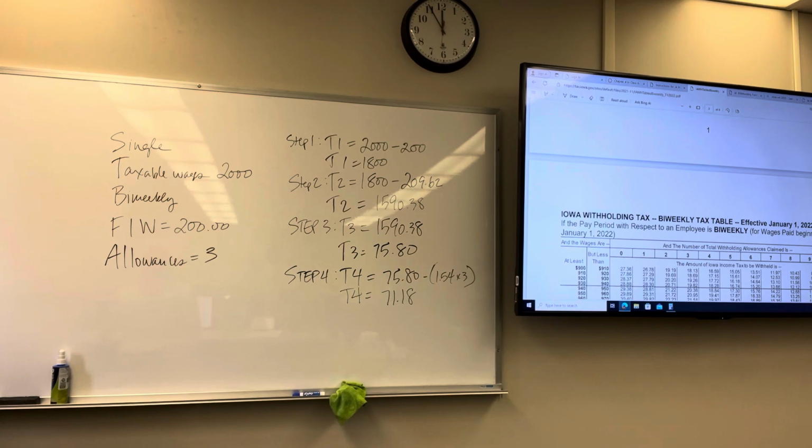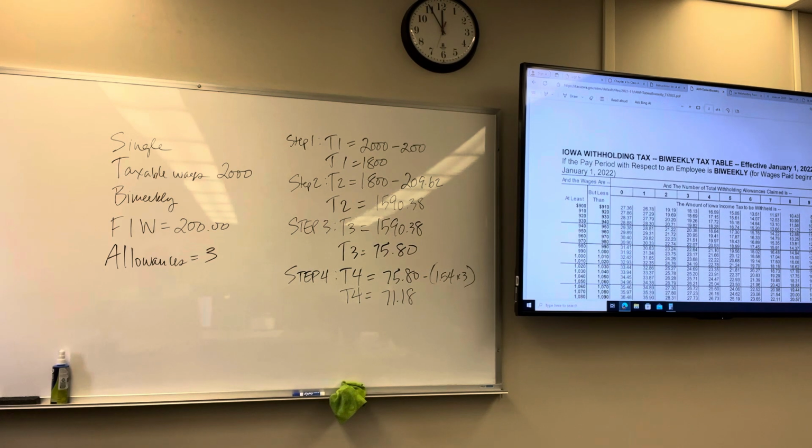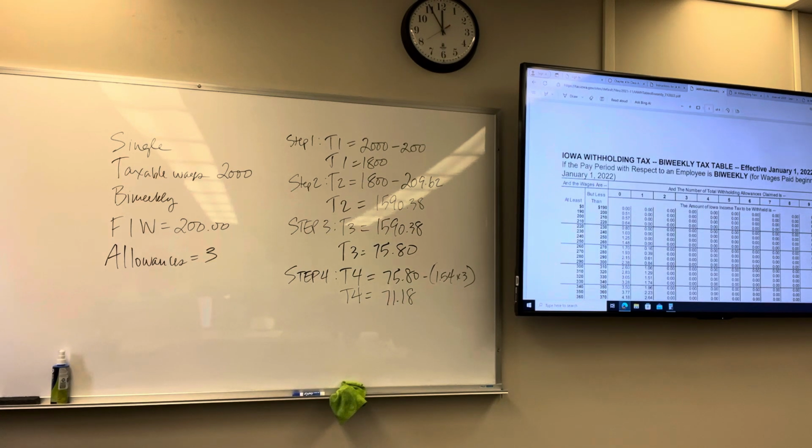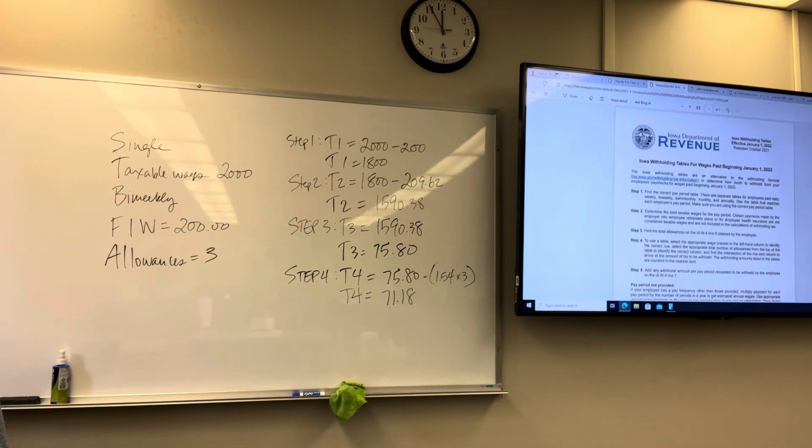Are we supposed to be using the brackets from 2021? Because it mentioned it for step one. Let's see what 2021 tables say, shall we?